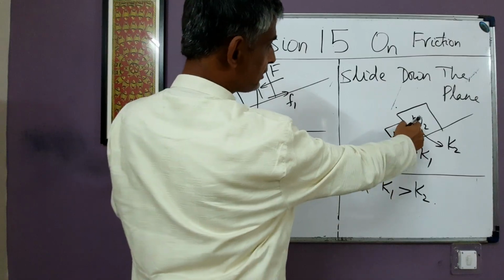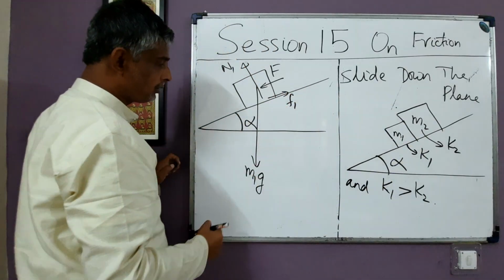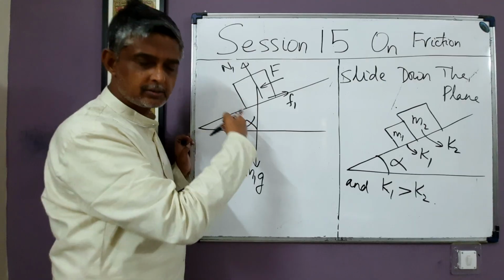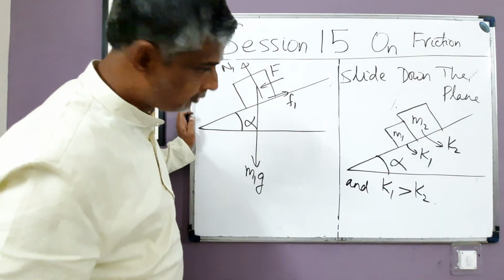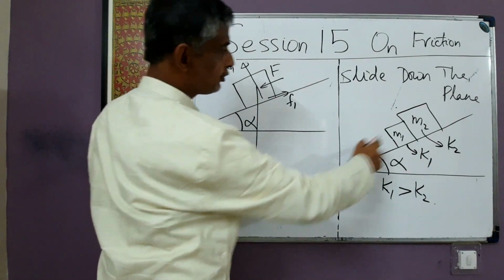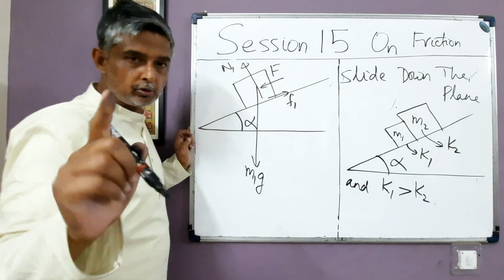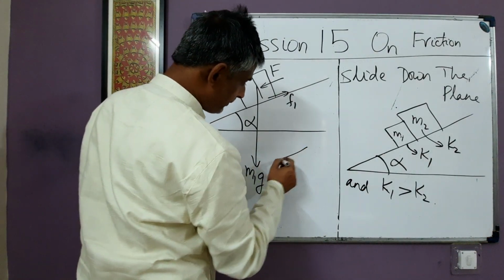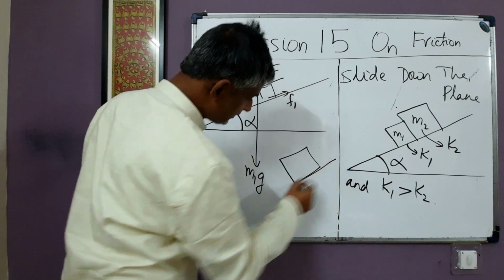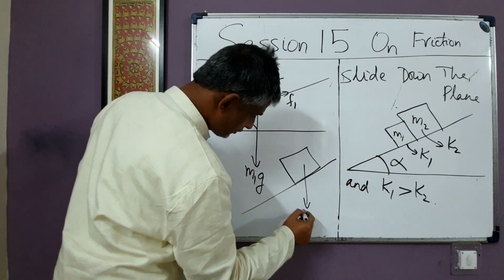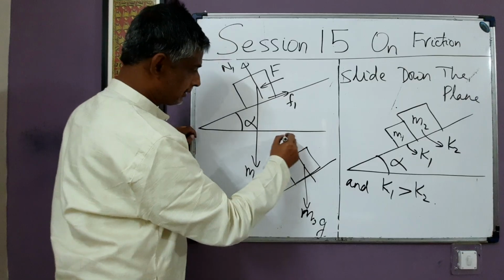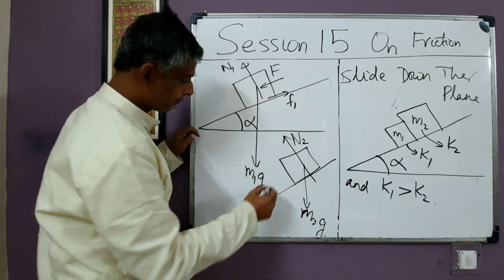Similarly, I draw the FBD of this block of mass m2. This FBD of mass m2 I draw in a separate diagram, because otherwise it becomes very clumsy. But m2 is in contact with m1; this one point should be noted down. This is the inclined plane. So FBD of mass m2 is this: m2g, N2.